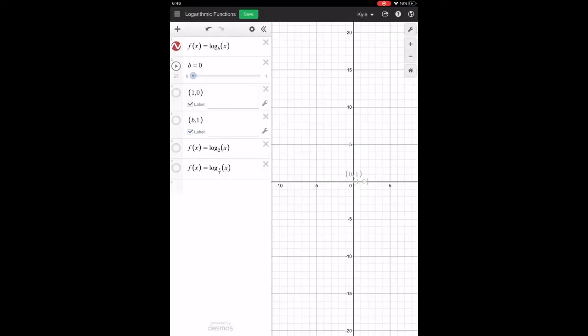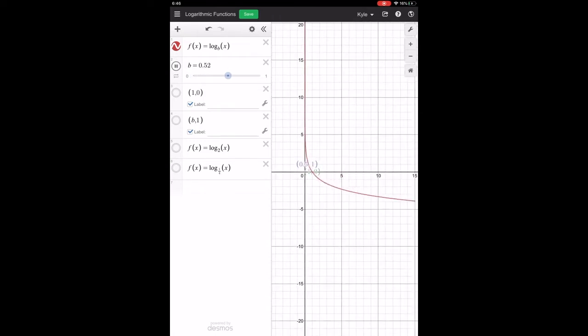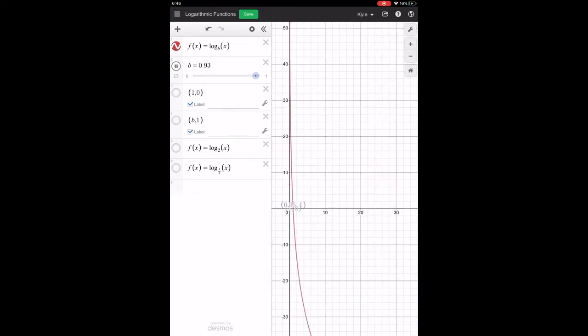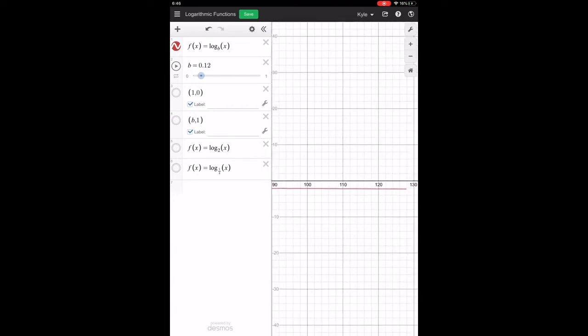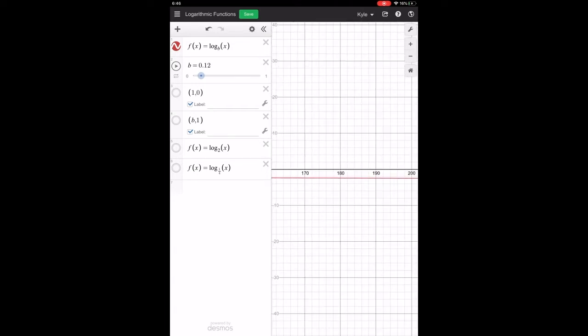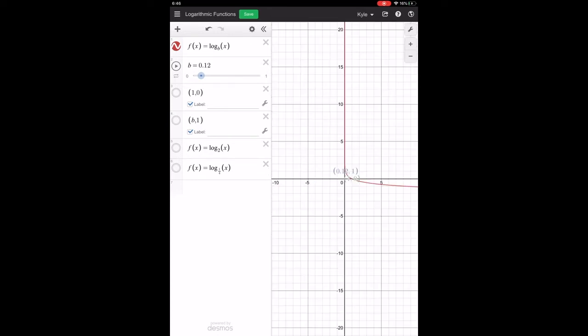If we're in the situation where we're between 0 and 1, we can see that as x increases, no matter what b is, let's say b is really, really small, like 0.12, our outputs keep decreasing, don't they? Our red line keeps getting lower and lower. Very slowly, but it does keep getting lower and lower.